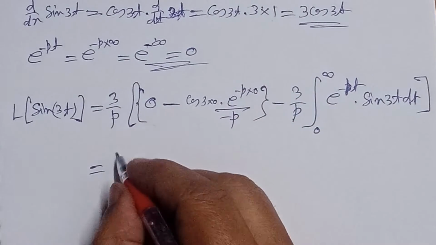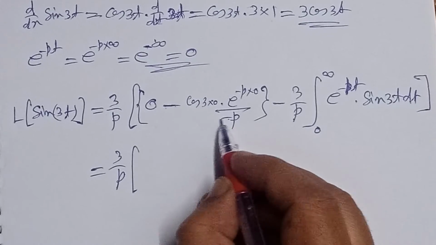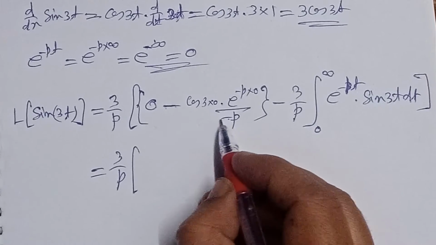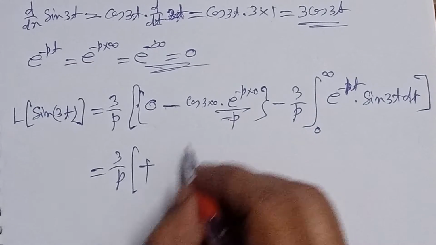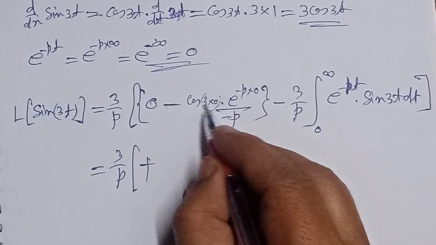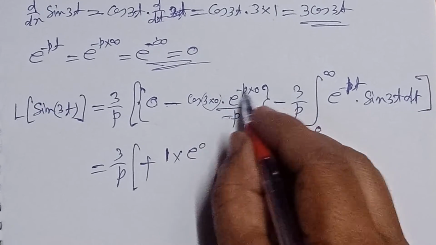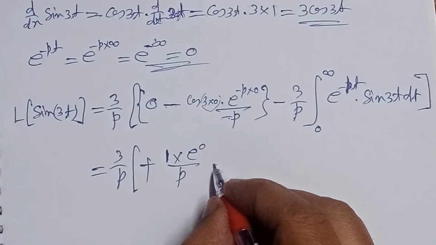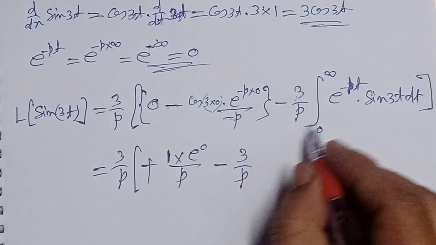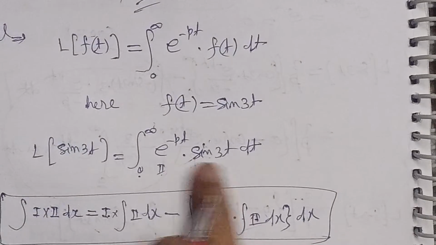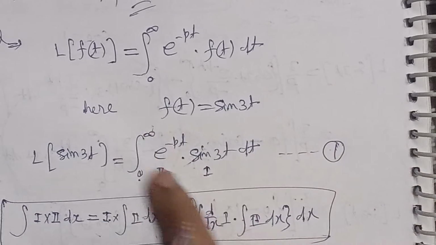Solve this value, 3 upon p. This minus becomes positive after multiplying by this minus sign. This is cos 0, cos 0 is 1, and e to the power 0 upon p, minus 3 upon p. We write this value as equation number 1.